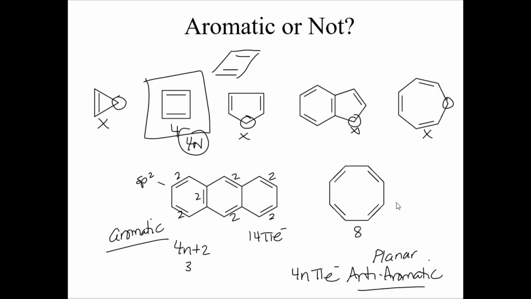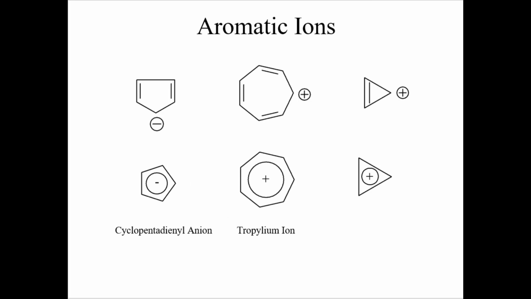Now, a molecule will not choose to be anti-aromatic, it would just choose to be non-aromatic. And I'll talk about the criteria for that in a minute. So 1 aromatic, 4 non-aromatics, 2 anti-aromatics in this list. Okay. Now, ions can be aromatic.